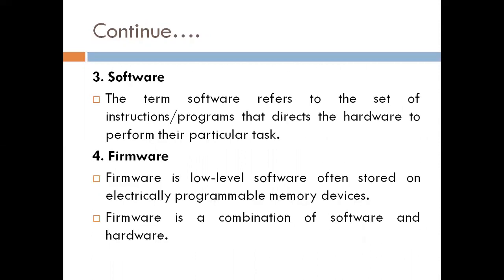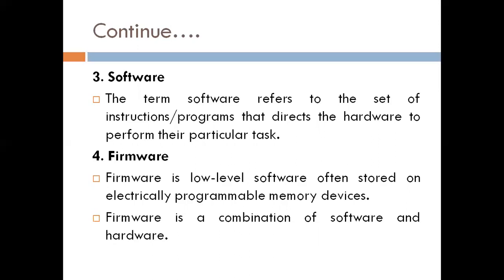Now, what is software? Software refers to the set of instructions or programs which direct the hardware to perform their particular tasks. There is a lot of software available in the computer system. Basically, we can divide it into two categories.